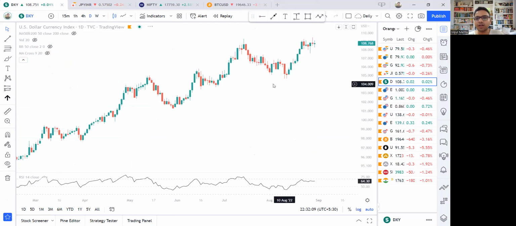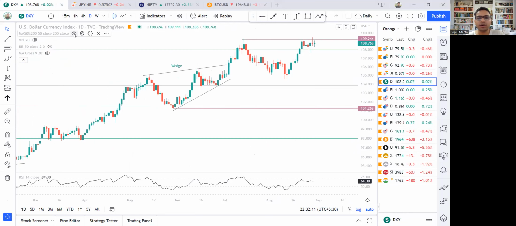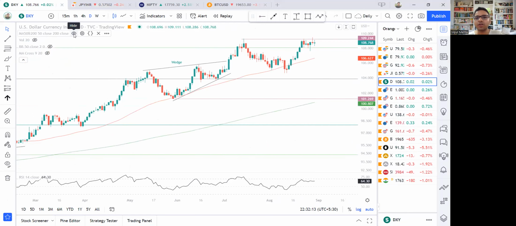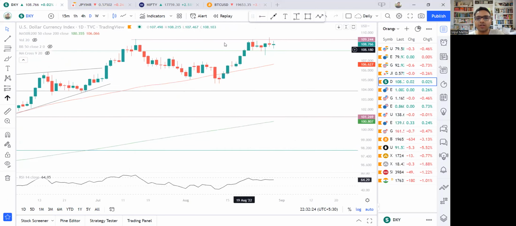Let's continue and look at the dollar index, DXY. So the dollar index was taking support here, had reached 109. Now it's doing its own sideways thing at 109. Mind you, we are trying to hit this zone. This high 109.3 has been touched, but it has not been breached.